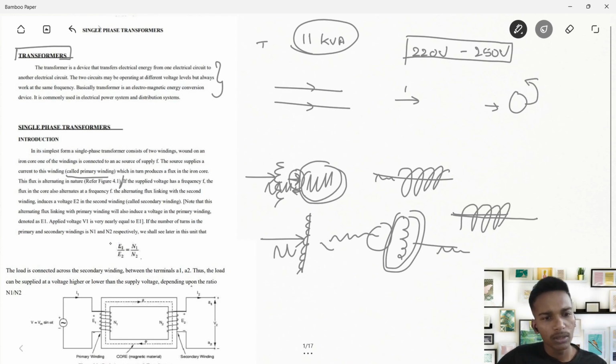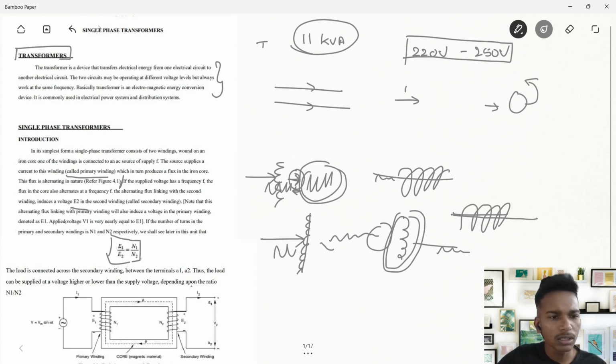Continuing with the reading: the flux induces voltage E2 in the secondary winding. Note that the alternating flux linkage with the primary winding will also induce a voltage in the primary winding, denoted E1. The applied voltage V1 is very nearly equal to E1.